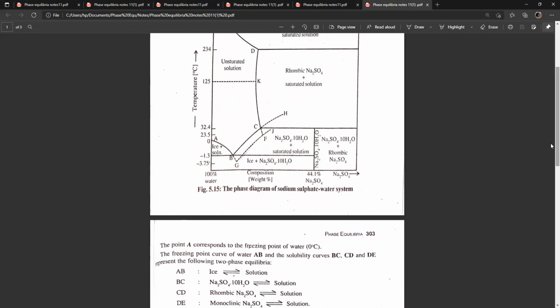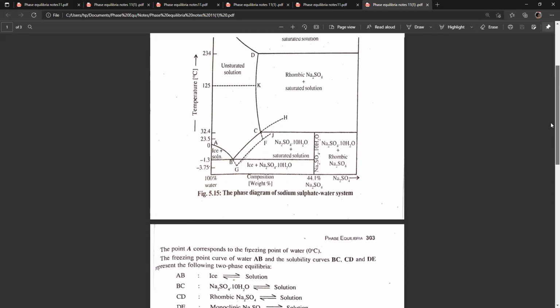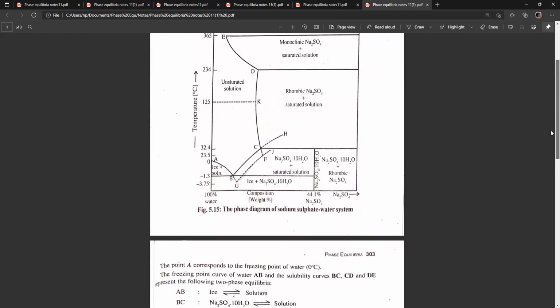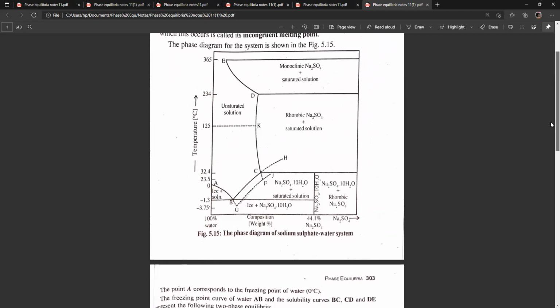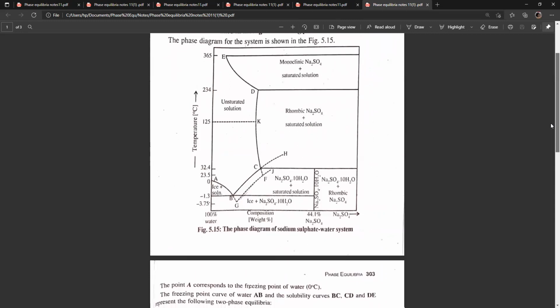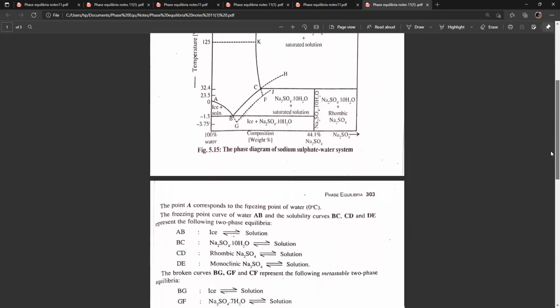At point C, the new solid phase, rhombic sodium sulfate, begins to separate, and along the curve CD, rhombic sodium sulfate is in equilibrium with the solution. At point D, the new solid phase, monoclinic sodium sulfate, begins to separate, and along DE, monoclinic sodium sulfate is in equilibrium with the solution.